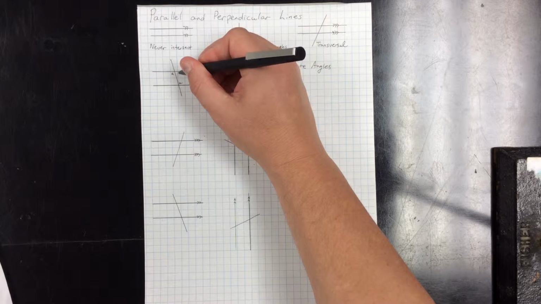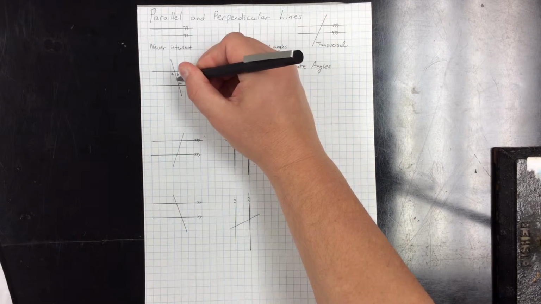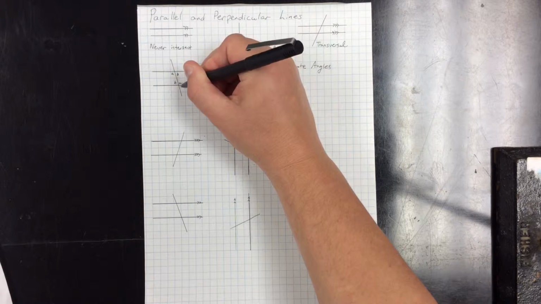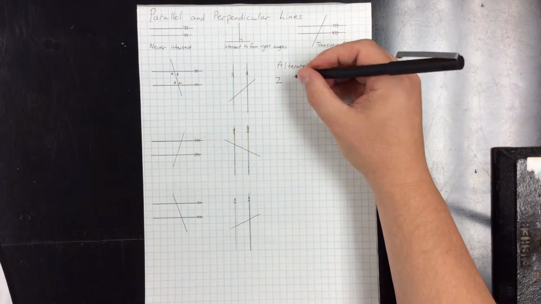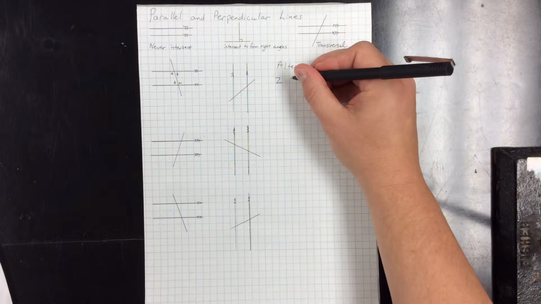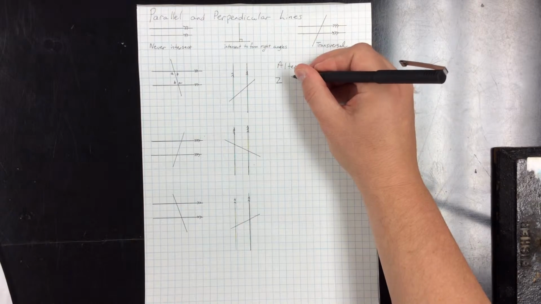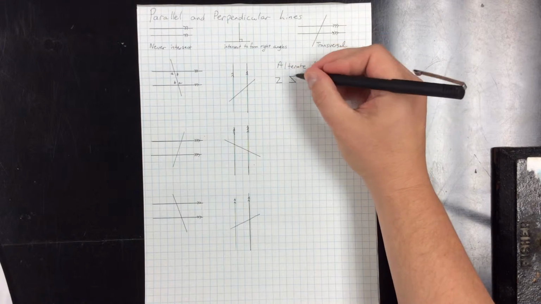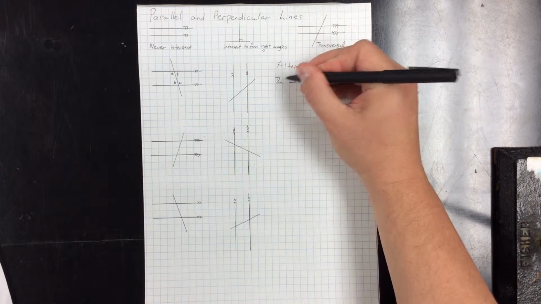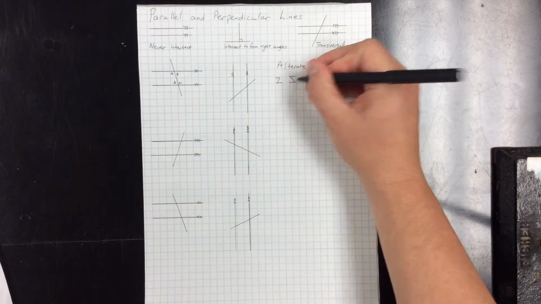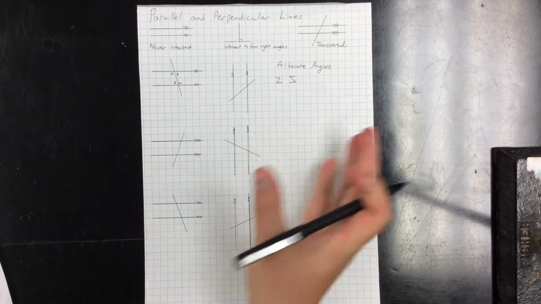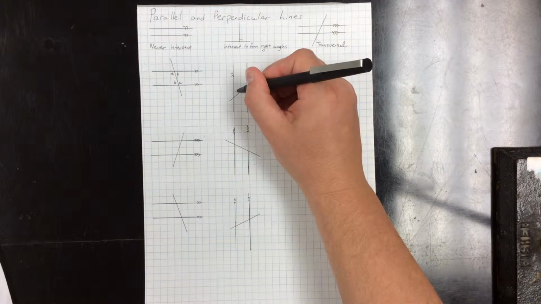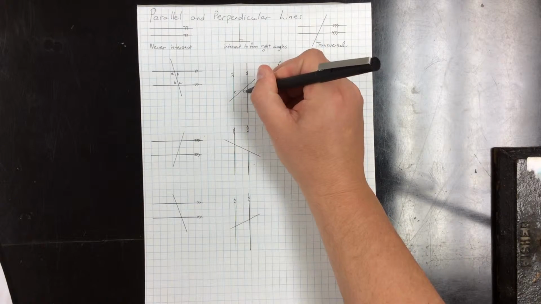We could do this backwards as well. Angle B and angle B going this way are equal to each other as well. So our Z might be opposite to a Z. Those are also alternate, meaning this one and this one are equal to each other. Or if we turn the whole thing on its side, we still have the Z shape.